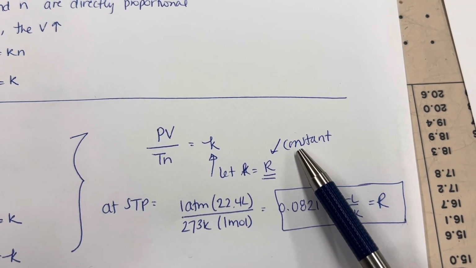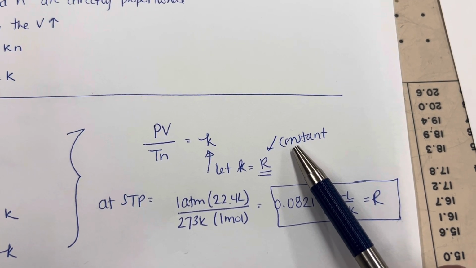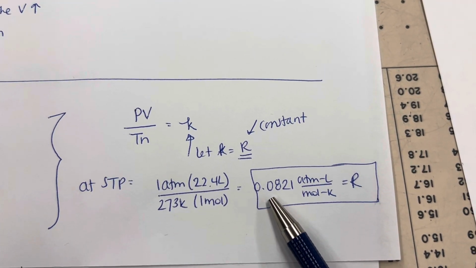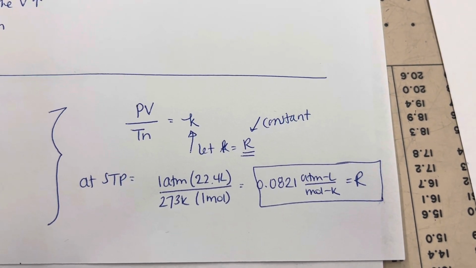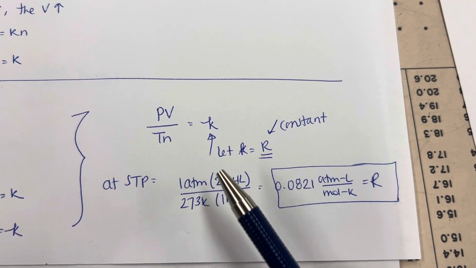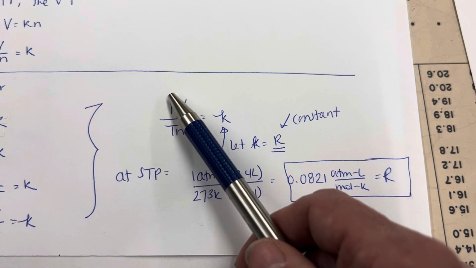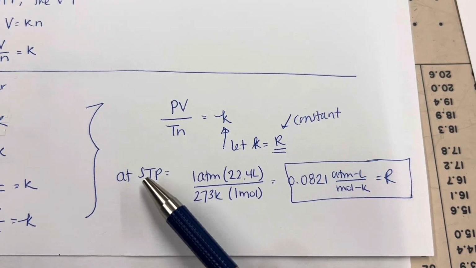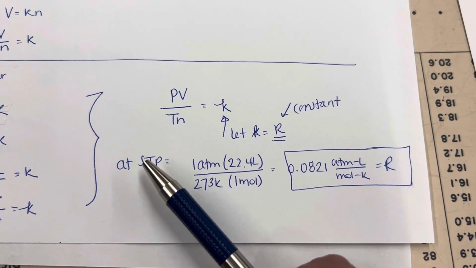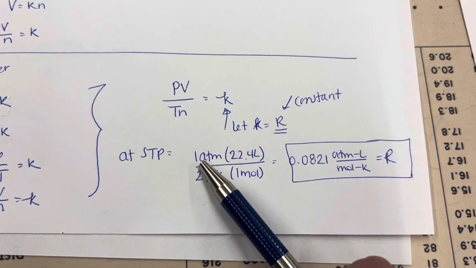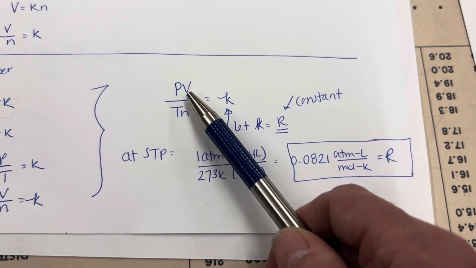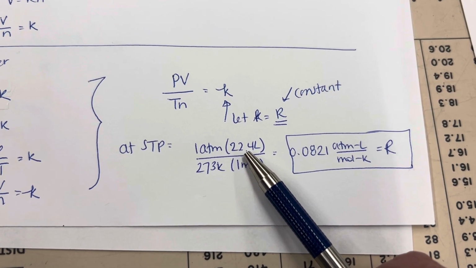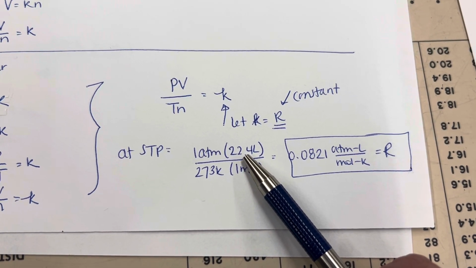R is a constant value. What is the constant value? The constant value is always this. But let me explain how we get to that. What we do is we take this equation here and we set it to STP, and we replace pressure with 1 ATM, because standard pressure is 1 ATM, and we have to multiply by the standard volume, which is 22.4 liters.